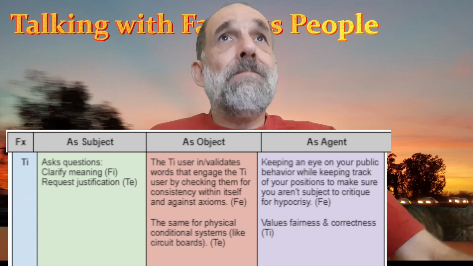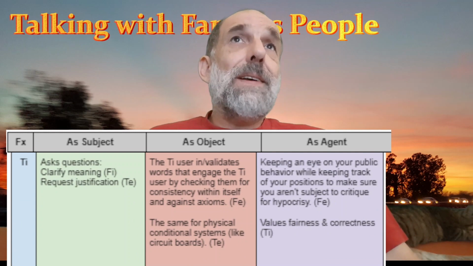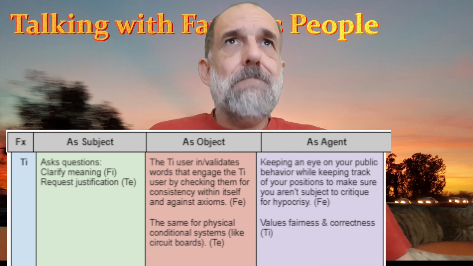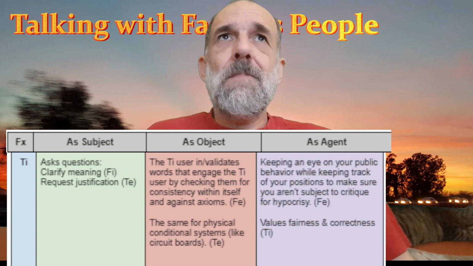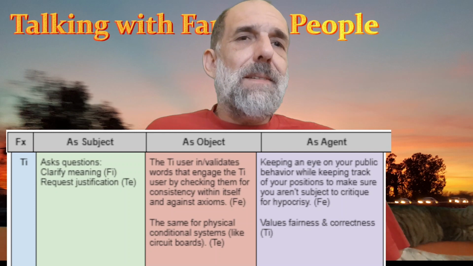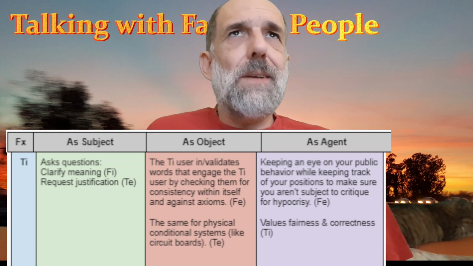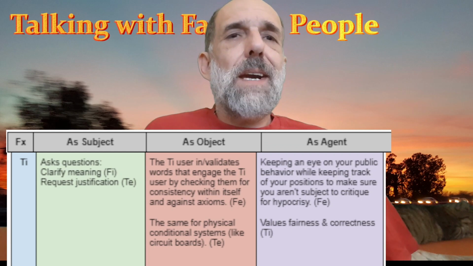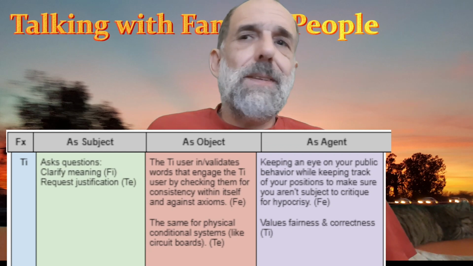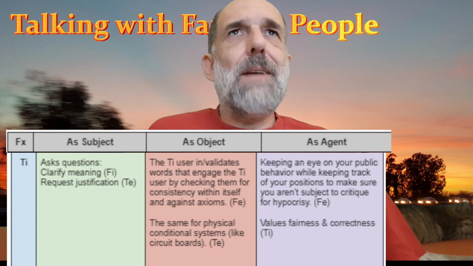Introverted Thinking. TI. On the TI grounds, ask questions, that's being subject, clarify meanings by asking questions, that's links to FI. They're saying, okay, I want to, in this sense, challenge the FI to express itself more precisely, and to request justifications. It links to TE, which has a tendency to not feel a need to justify themselves except through FI, right?